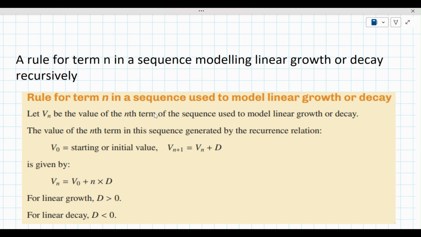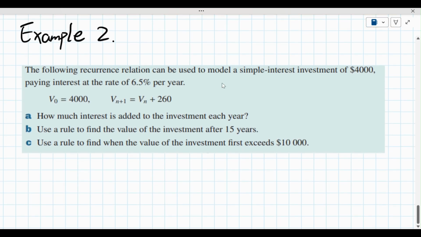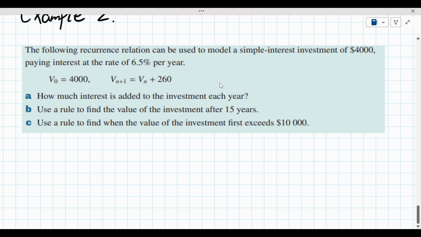This is your initial reference for the recurrence relation. They give you how many terms we have and multiply it by your interest growth. Keep this as your reference, and it will help you understand a little bit more. Now let's use some examples and have a look at this one.